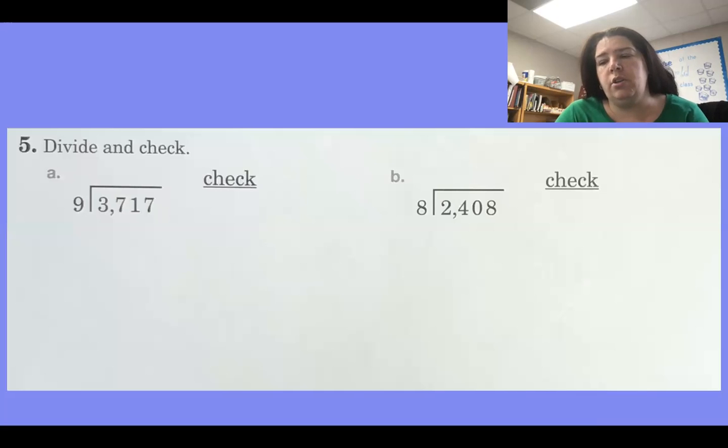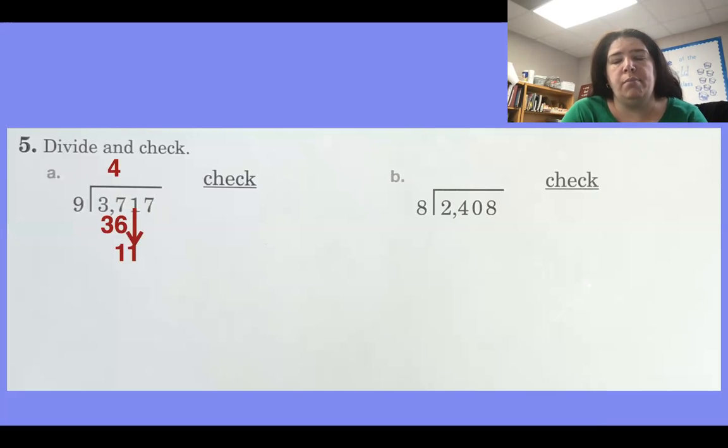All right, the last thing on your sheet here is to divide and check. We're going to do one of these to actually, yeah, let's do both of them. 37 divided by 9 equals 4, and 4 times 9 is 36.